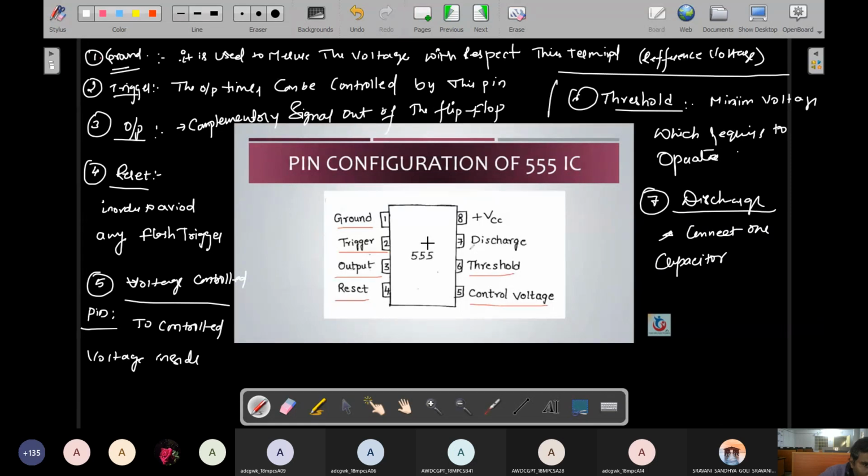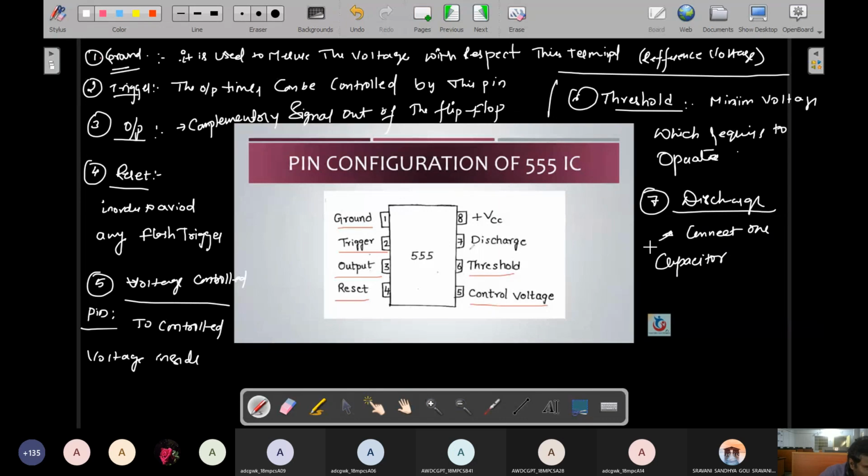The discharge pin is used to control, because one transistor is used inside the 555 IC. That transistor will be connected to the potential divider, so plus VCC is not taken completely. You can understand the working of these pins by using the block diagram, but I can't explain it with the pin diagram. Why?